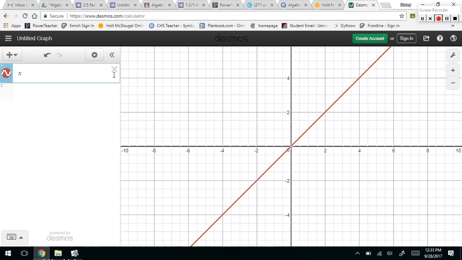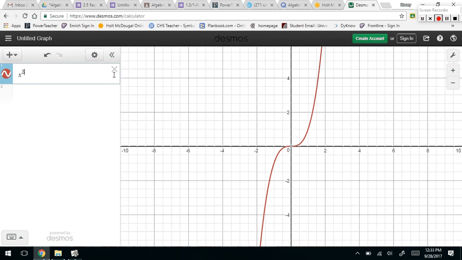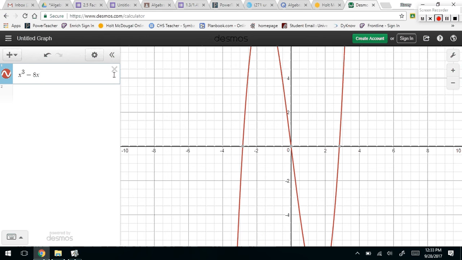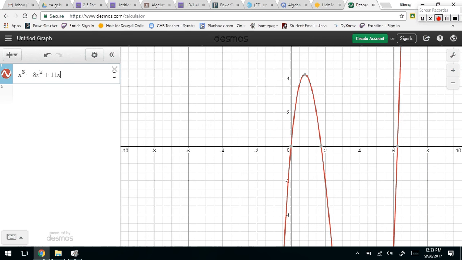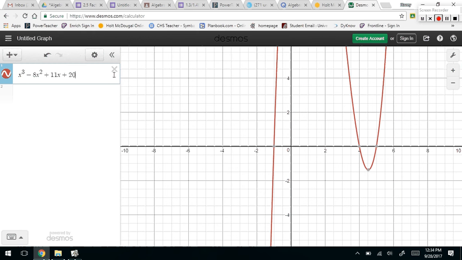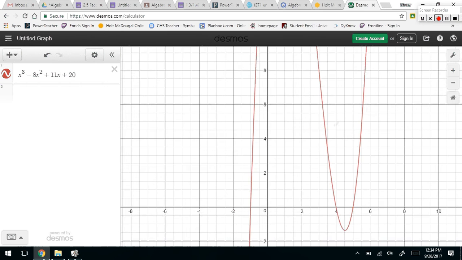All right, x to the third, x squared, plus 11x, plus 20. So this is a very interactive tool. It's really good.